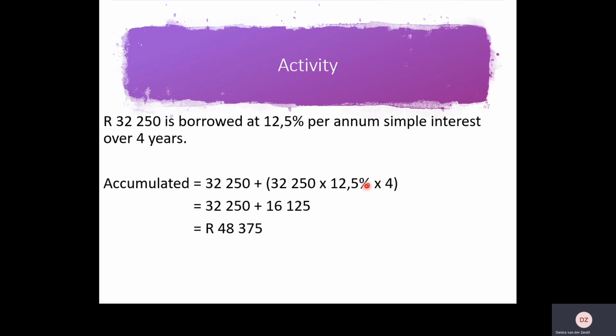So that's what I mean by one calculation. We're going to do all of this in a bracket. We are going to add it to the principal, and we get an accumulated amount of 48,375. So I'm going to give you about 2 minutes to get that down as your example, and then 2 questions as an activity.